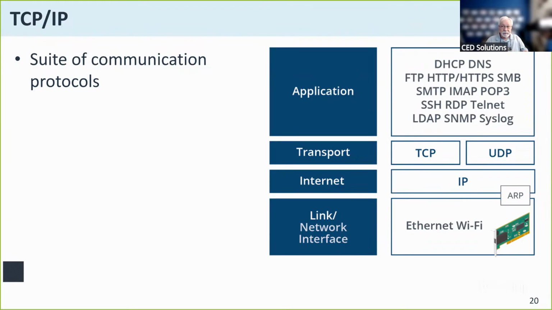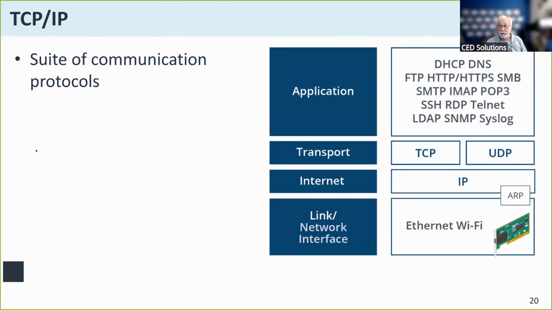So once it wraps that up and determines the communication port or ports you're going to be using based on the type of application protocol that's being run, it passes on down to the internet layer. That's where you get your IP address. That gives me information that I then pass on down, determining whether I'm communicating locally or externally. So it passes on down to the link layer, the network interface layer.